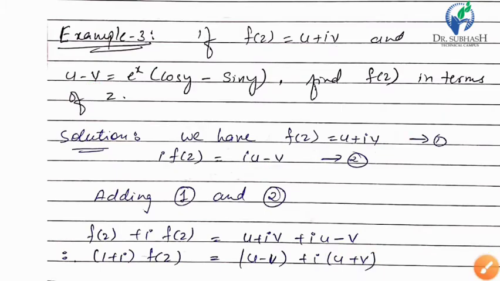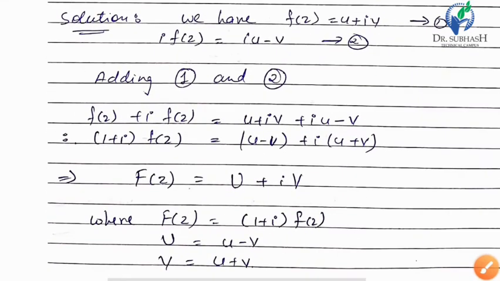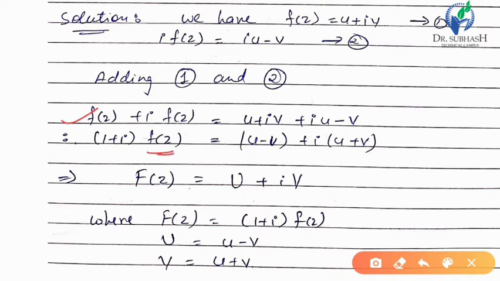In the next step, I will add these two equations, equation 1 and equation 2. On adding equation 1 and 2, I will get f of z plus i f of z equal to u plus iv plus iu minus v. In next step, this f of z will be taken common, and here I will separate real and imaginary part. So this is our real part and this is our imaginary part.